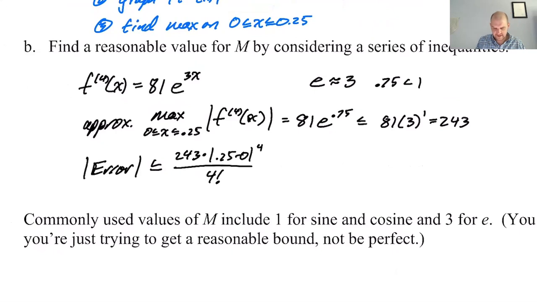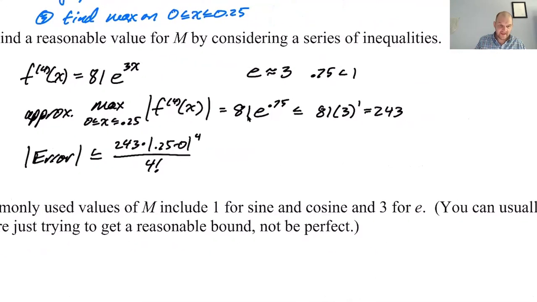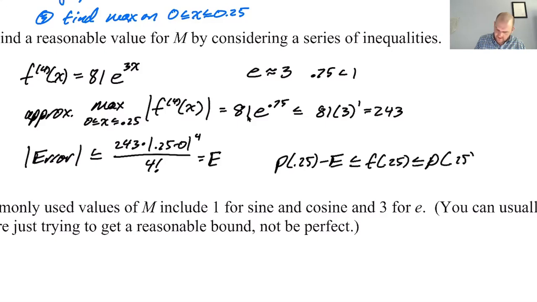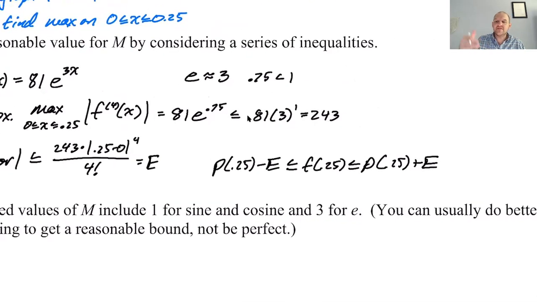Let's call this capital E. For the true value of the function, p of 0.25 minus the error should be less than or equal to f of 0.25, which should be less than or equal to p of 0.25 plus the error. So that's it. Your goal is to be able to create this inequality.